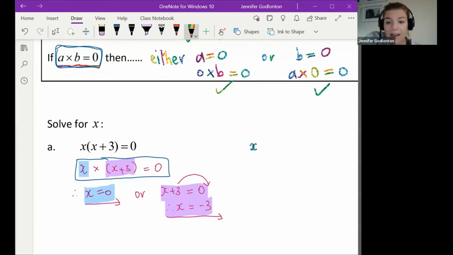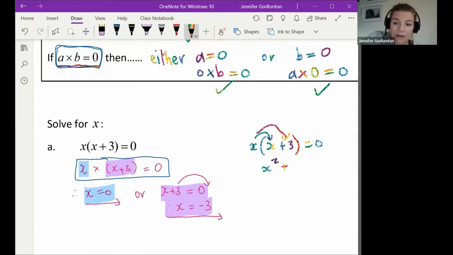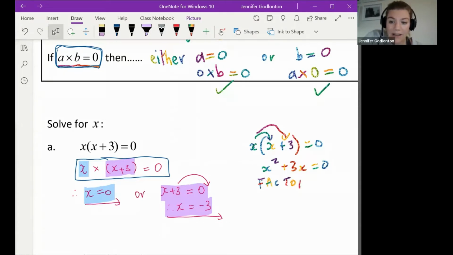So if I had x times x plus 3, and that's equal to 0, and I multiplied this in, I would land up with x squared plus 3x, which is equal to 0. That's a quadratic equation. Now, when we get to this point over here, we have only got one option, and that is to factorize. And if we are trying to factorize, we're actually just going to go back to our original question.